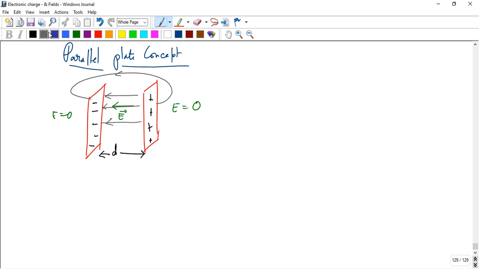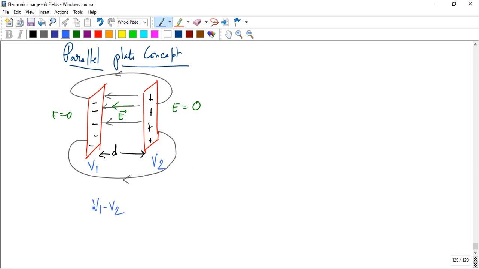Suppose this plate has potential V1 and plate 2 has potential V2. The red plate is called an equipotential surface, and this plate is also called an equipotential surface. You know that the potential difference is V1 minus V2.